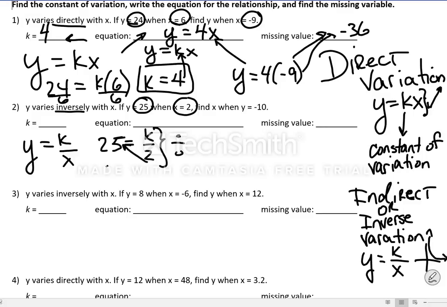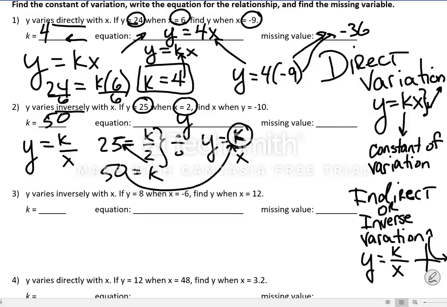Multiplication. So 50 is equal to k. So k is 50. Now again, my equation is y equals k over x, because that's our generic one, and the only thing I'm changing is the k value. I'm plugging the 50 in for it. So y equals 50 over x.